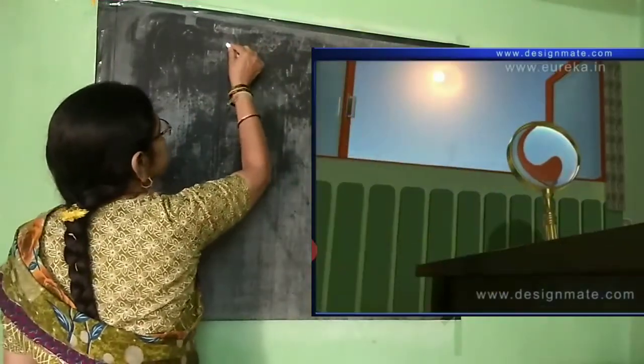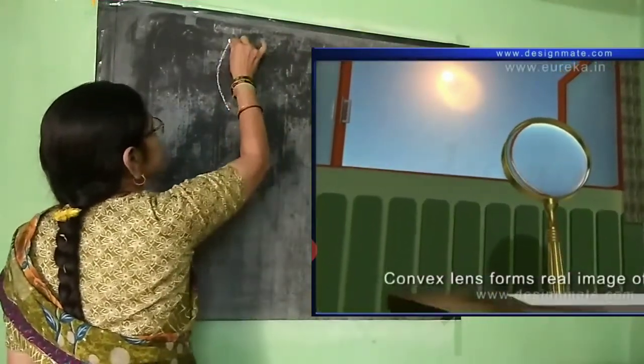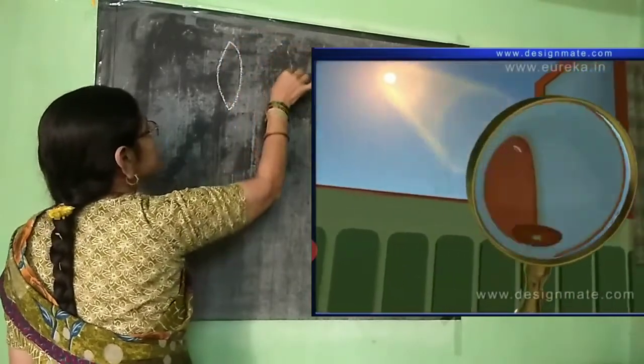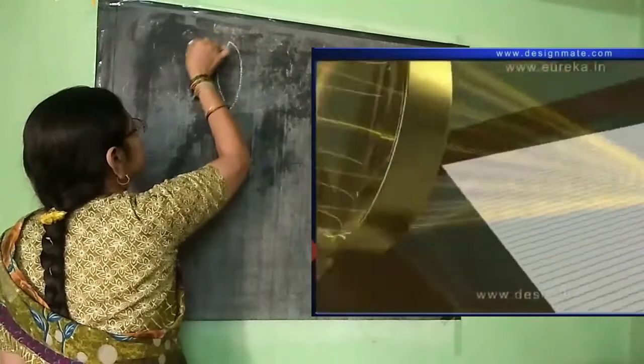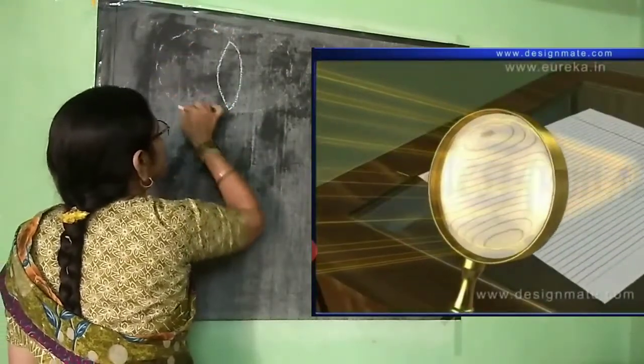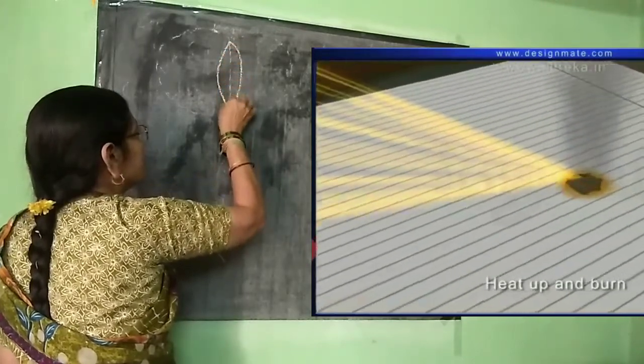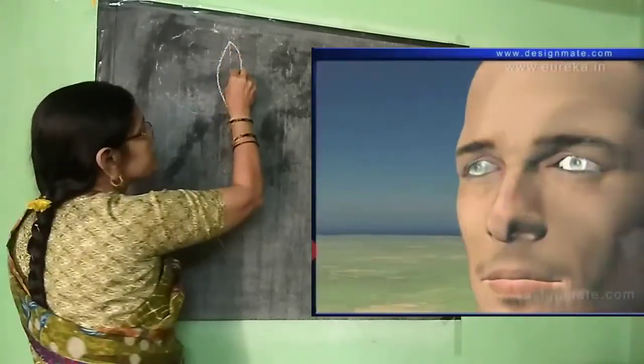Now, if you consider a convex lens, this is part of two spheres. So, when you are drawing a line in the middle, then this is called axis.